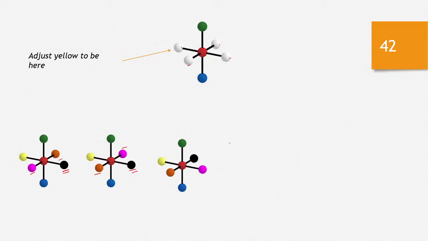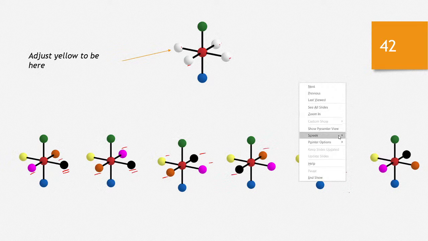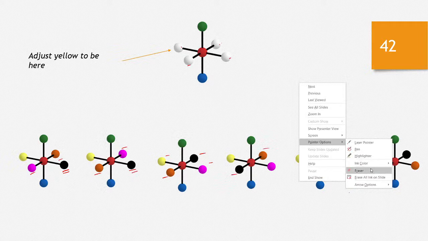Similarly, if yellow and pink are opposite, then I can have 2 molecules like this, the orange and the black here, and the black and the orange here. And then I can have orange opposite to the yellow, and then I can have 2 molecules like this. So these are the 6 possibilities which are possible in the first kind.